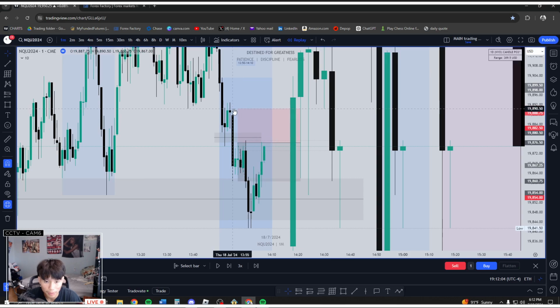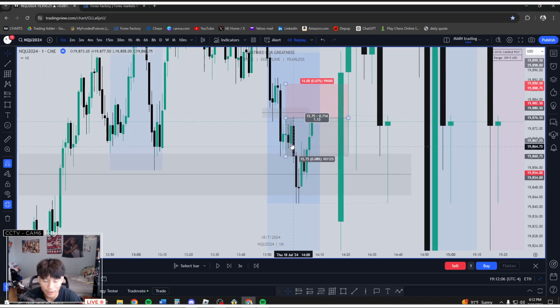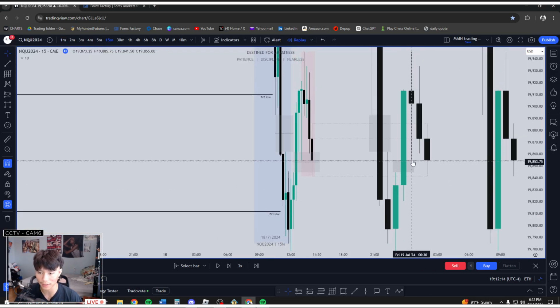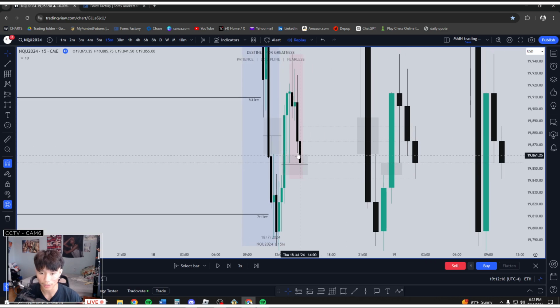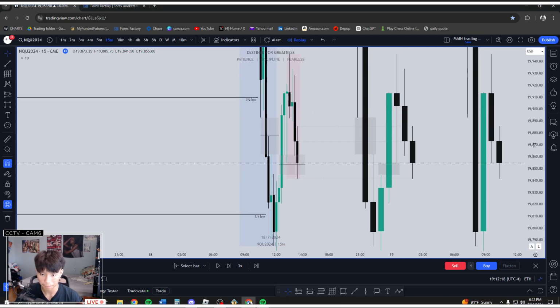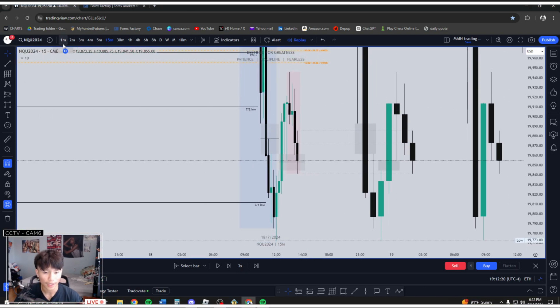And my stop loss being this 1-minute candle's high, and my first partial being this 15-minute low. And like I said, I'm anticipating for us to rebalance this 30-minute FVG, and we did do that. So that was the trade that I did notice whenever I was backtesting the New York PM session.